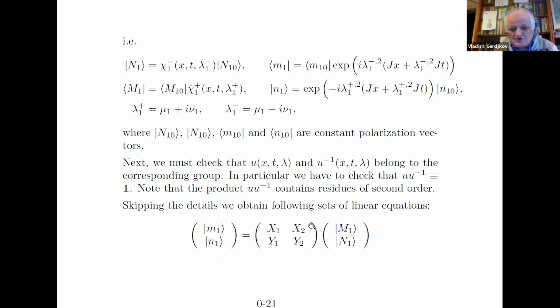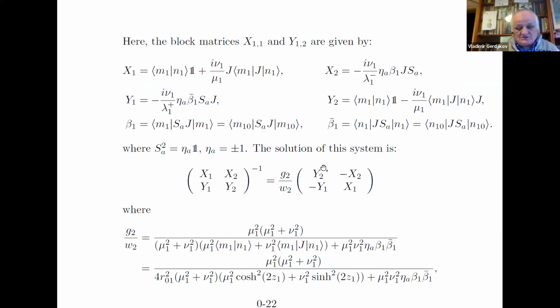So we need to evaluate the inverse of this matrix. This is a block matrix, and well, there are some difficulties here, but not very big ones. You need to know some algebra, and that's all. So the inverse of that matrix is the ratio of these functions G2 and W2.